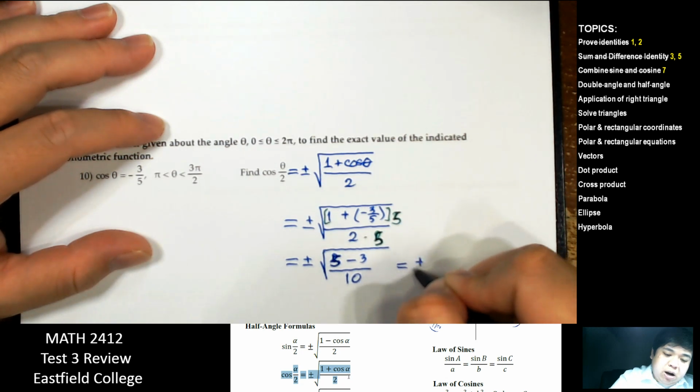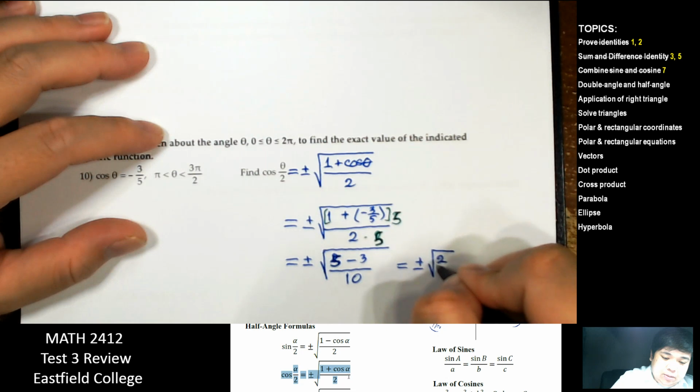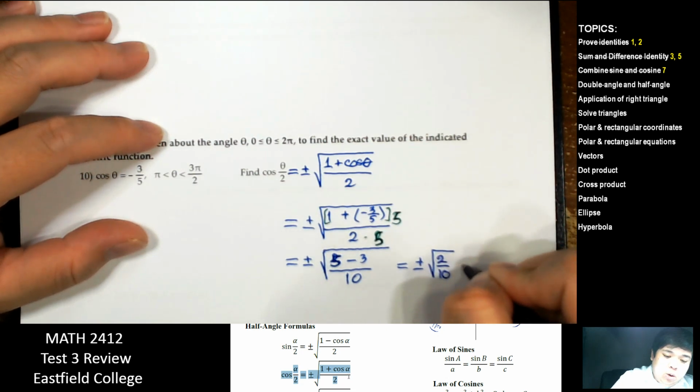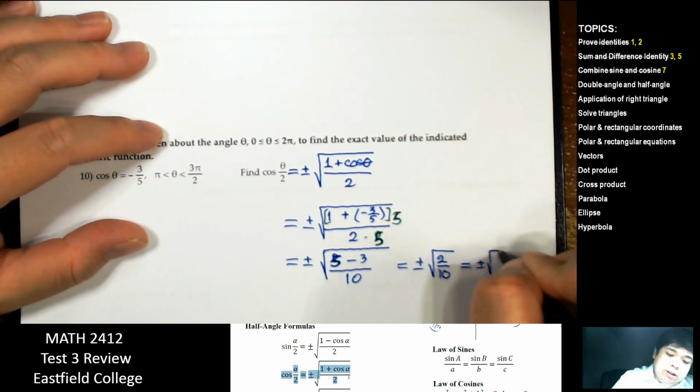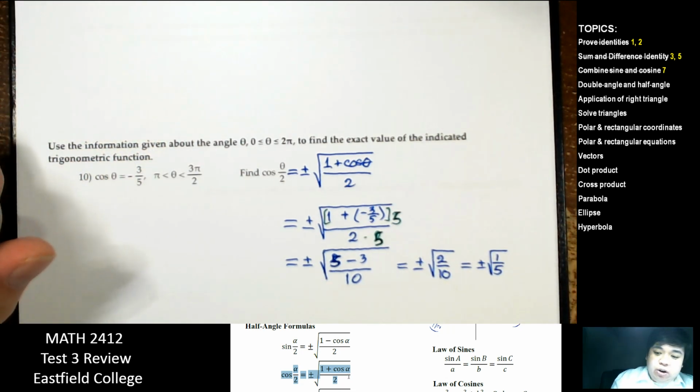So we have plus or minus 2 over 10, or 1/5.